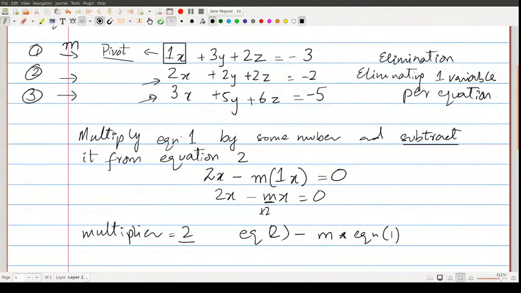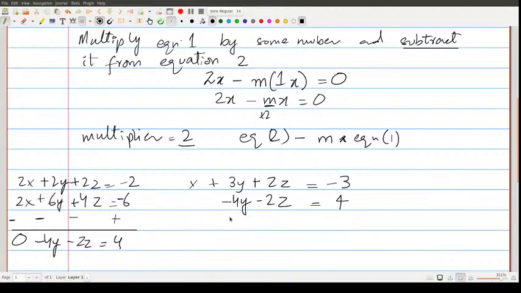So now I want to multiply the first equation by something, so that when I subtract the result from the third equation, my x is eliminated. And this is obvious now that I need to multiply it by 3, so when I subtract it, it becomes 3x minus 3x, which is 0. 5y minus 3 times 3y, so that's 5y minus 9y, so I get minus 4y again.